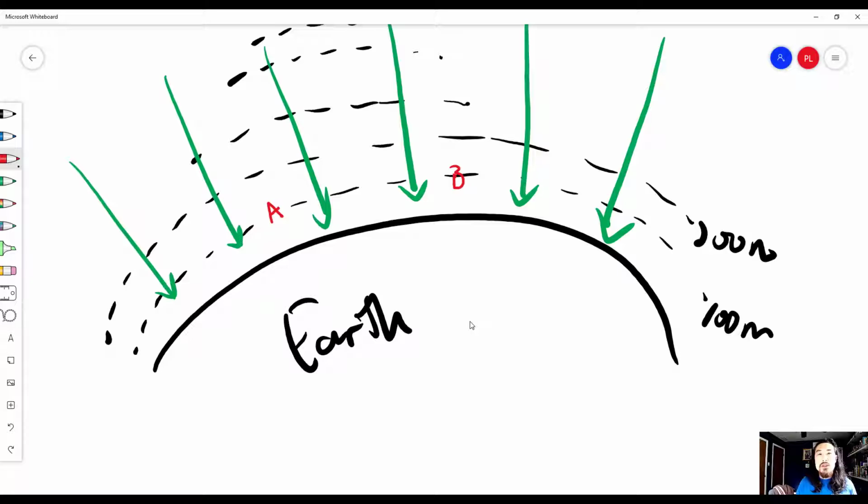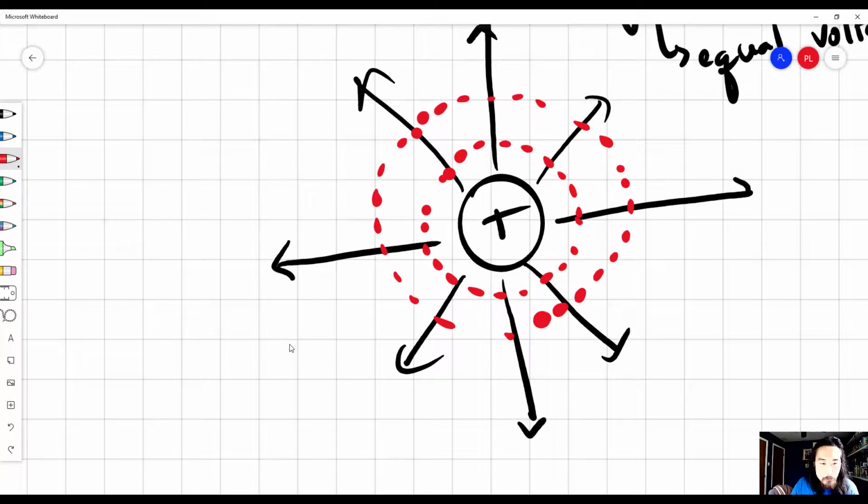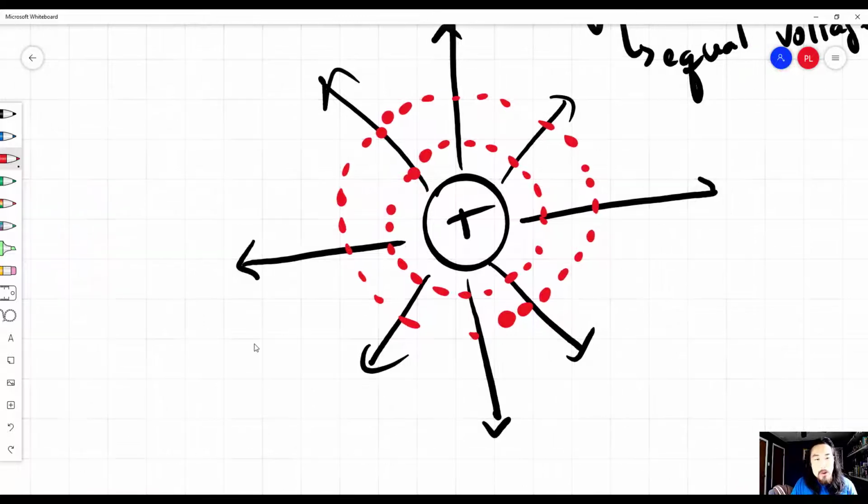Now, if we use that same idea, but for potential, the same holds true. So let's say that along the first ring, we can call that first ring, let's say this is 100 volts. Okay.